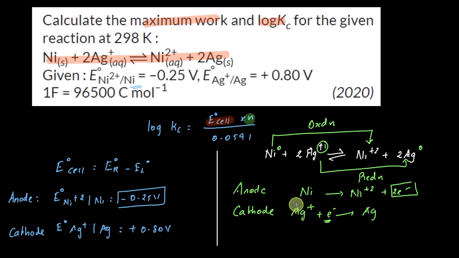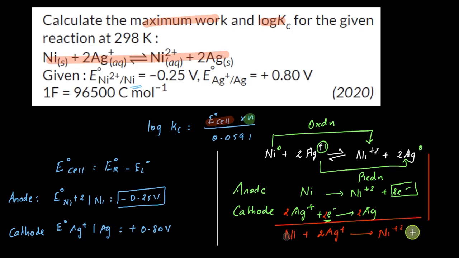To make it equal, I can multiply the entire equation by 2. Now I add these two equations, and I get Ni plus 2Ag+ gives Ni2+ and 2Ag. From this I can calculate how many electrons are involved. So this is the actual method.